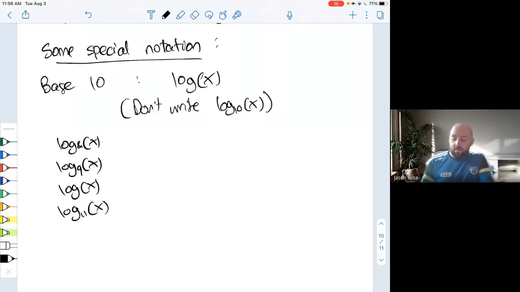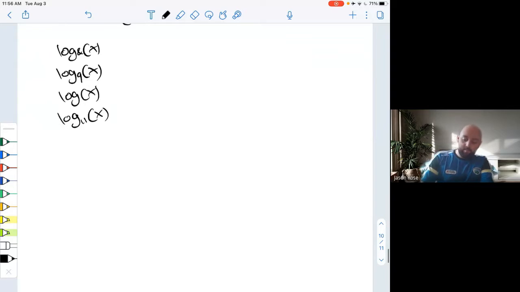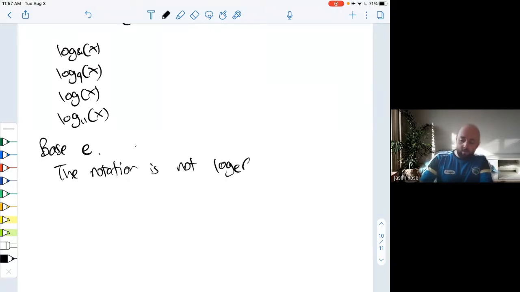What else? Oh yeah, log for base e. The notation is not log to the base e of x.